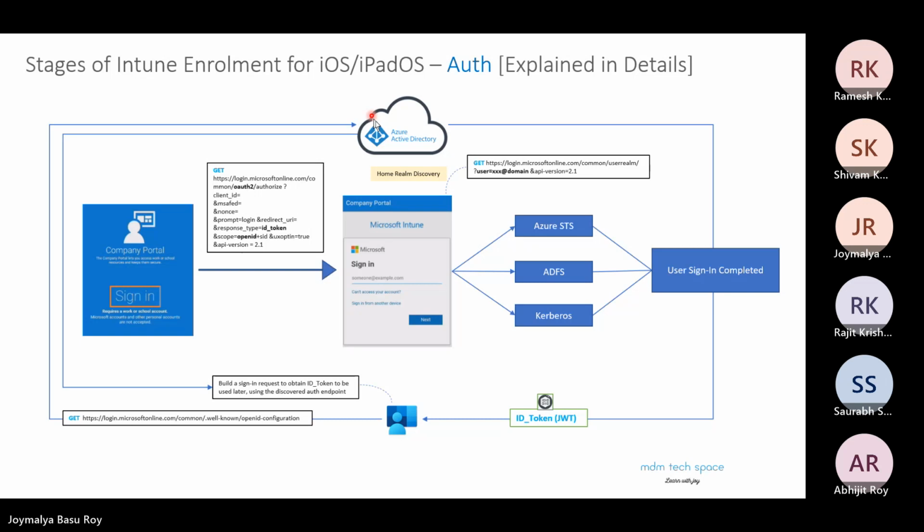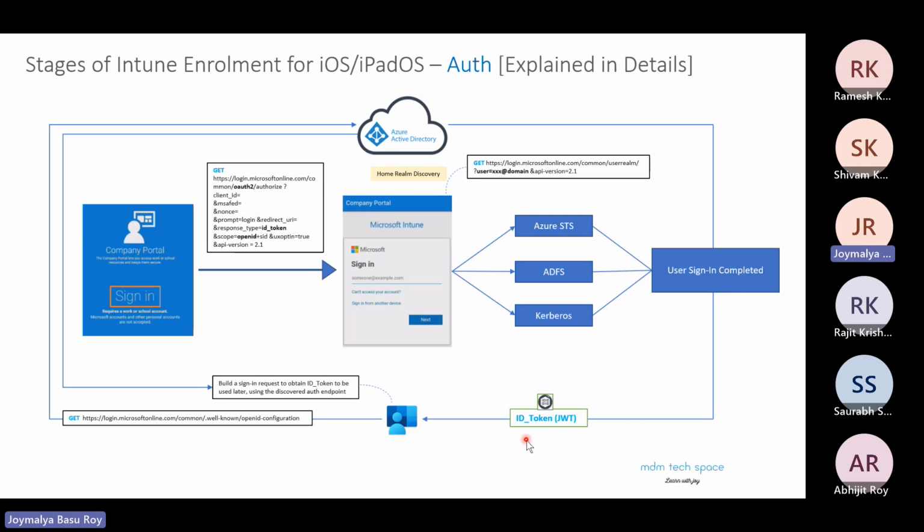Majority. एज्योर एडी को ऑथेंटिकेशन रिक्वेस्ट जा रहा है, तो ऑथेंटिकेशन का रिस्पांस भी एज्योर एडी ही देगा. बट ये है कि एज्योर एडी खुद ऑथेंटिकेशन कर रहा है कि नहीं कर रहा है, दैट इज अ क्वेश्चन. If Azure AD itself is doing the authentication, that is the Azure STS, then it's happening in cloud and the response will be an OAuth token.